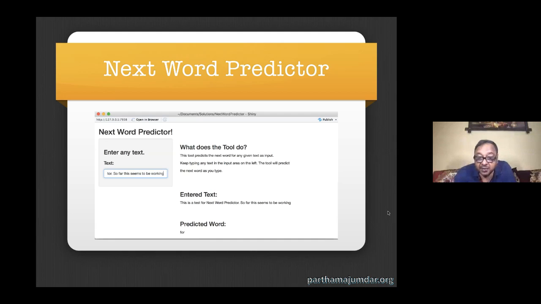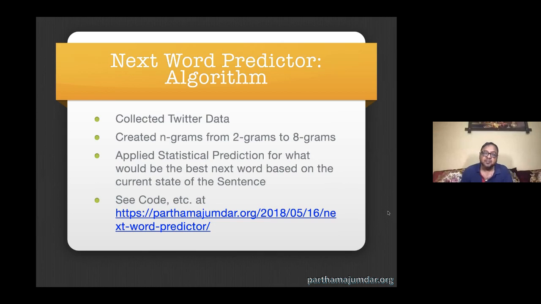Okay, now let me tell you how I developed this tool. What I did was that I took a lot of data from Twitter and created something known as n-grams. N-grams are basically combinations of words. So I created, let's say, 2-grams, basically with all combinations of 2 words in the data that I collected from Twitter.